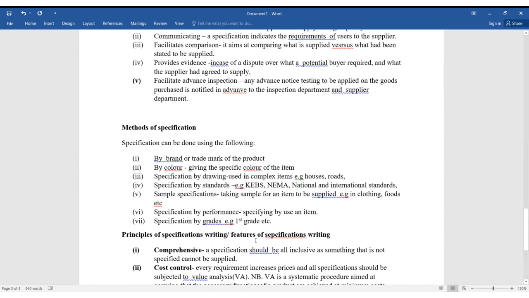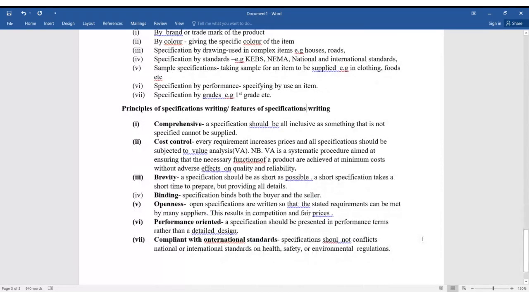In specification writing, features should cover the necessary details that will help in identifying this particular item. There should be some control, there should be brief binding, the writing that is clear, performance or international standards.